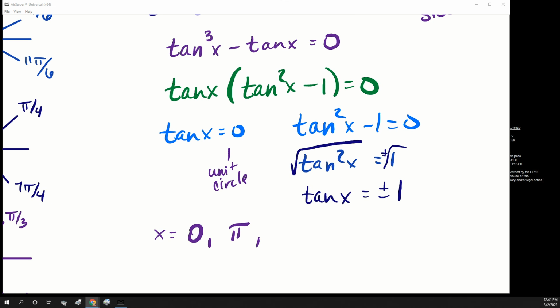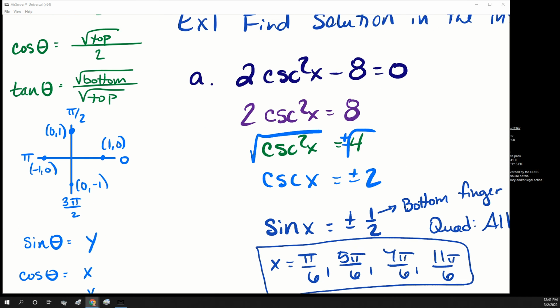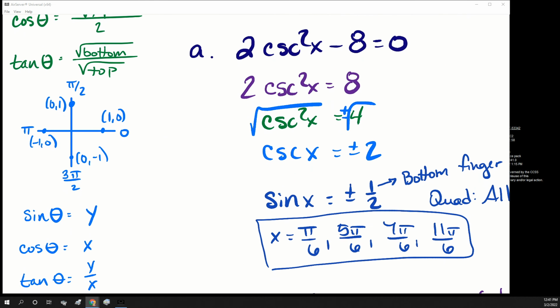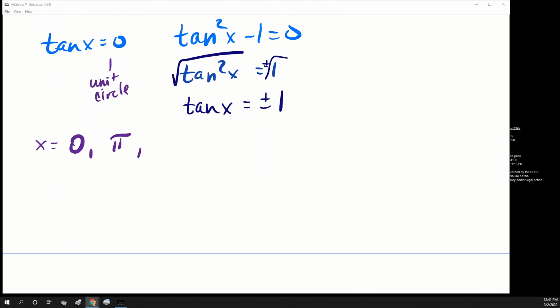Okay. And then we want to find the angles that have a tangent of 1 or -1. Can they come from the unit circle for tangent? Mm-mm. So on tangent, you're dividing the y by the x. That's never going to give you 1. It's either going to be 0 or undefined. So we have to figure out this hand trick thing for 1. Exactly.